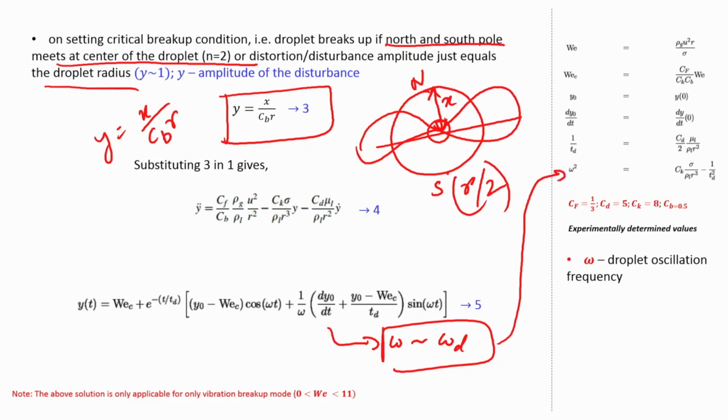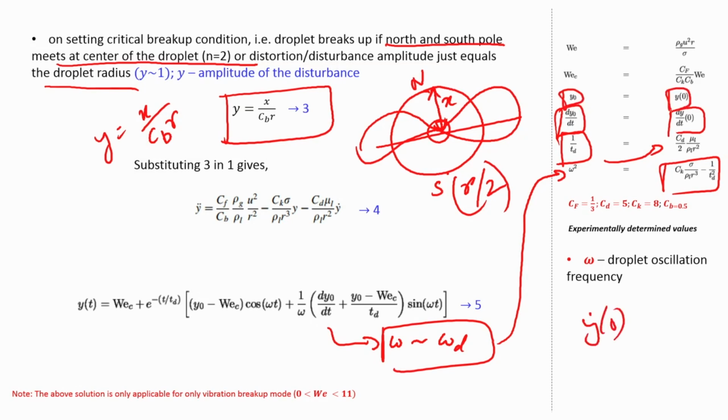Omega is defined over here, and that is basically the damping time scale. dy 0 by dt is basically y dot 0, and y 0 is the same as y 0. And we have defined a critical Weber number kind of a parameter, which is the Weber number multiplied with all those constants that sit in front, and the Weber number is given as rho g u square r by sigma, got it.